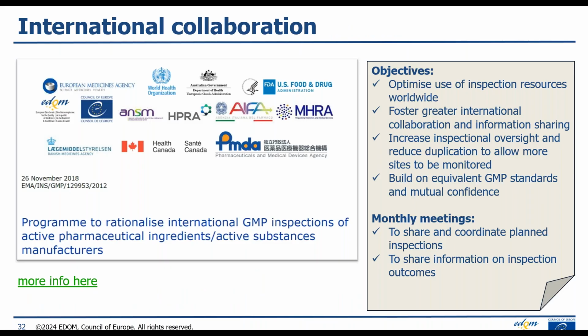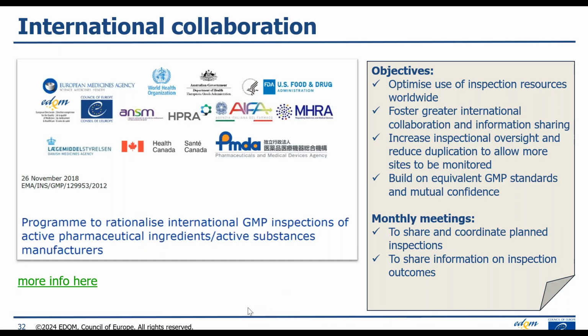Okay, and then kind of on the same topic, this slide touches on the international collaboration that we're involved in. So there's a program for the rationalization of international GMP inspections of API manufacturers.